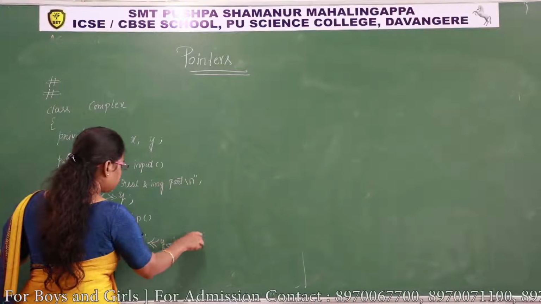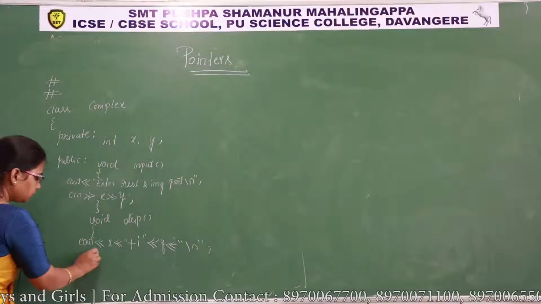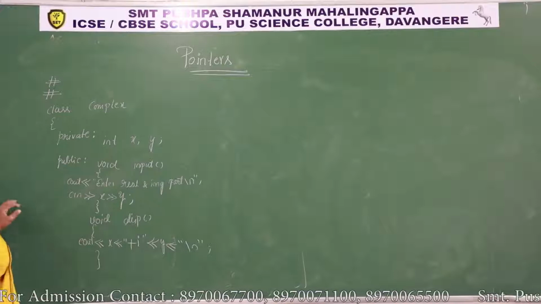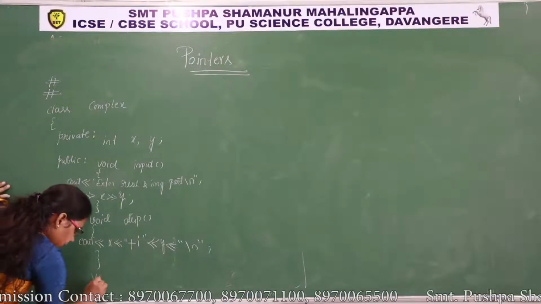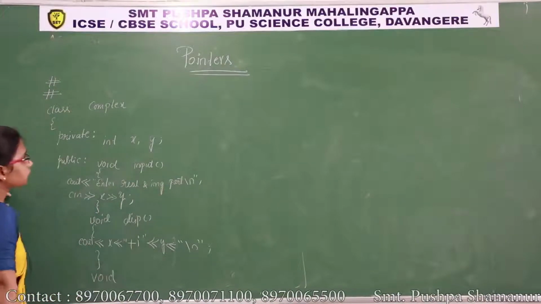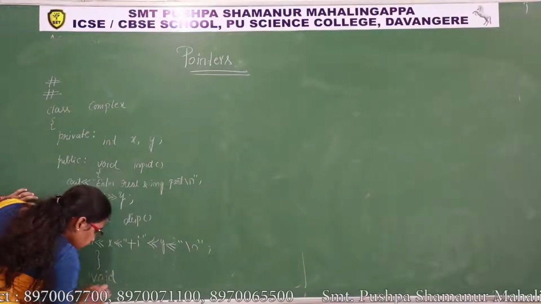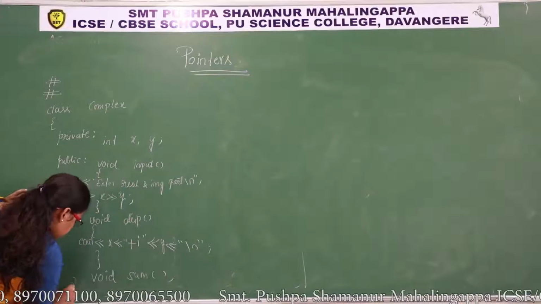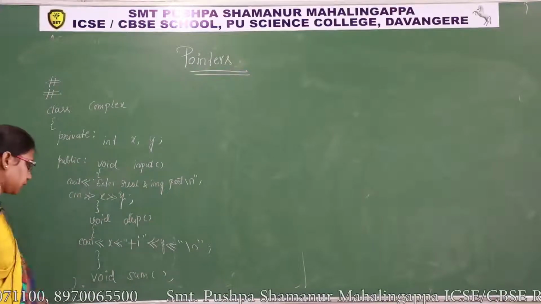After displaying one number, the cursor has to move to the next line. So we need one more function to add these two complex numbers. I'll declare it here, and outside the class I am going to define void sum. Right now I'll leave empty parentheses, later I'll complete this statement.